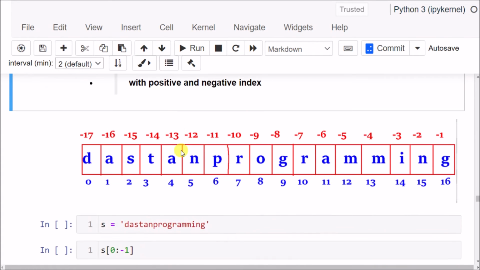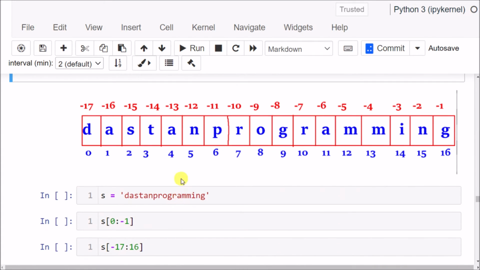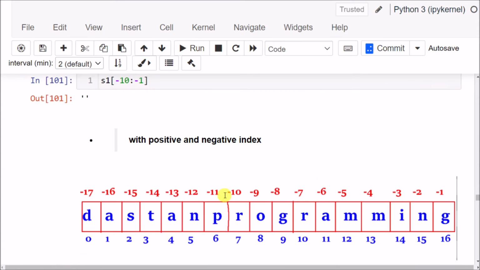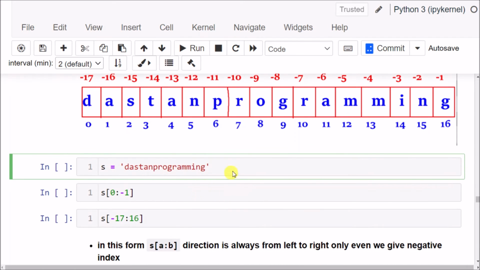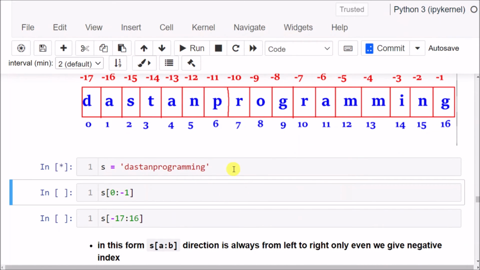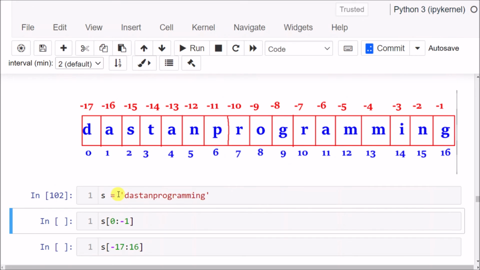And here with the positive index, this is the variable, positive and negative index also. When I use both positive and negative index, then means 0 to minus 1. Okay, so where is the 0? Here is the 0.